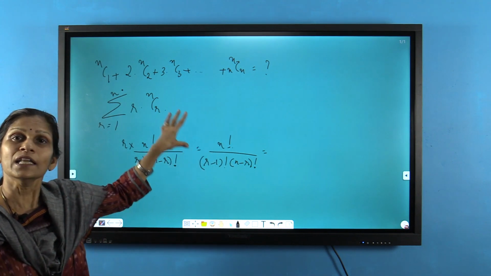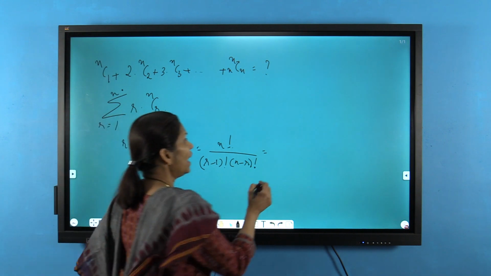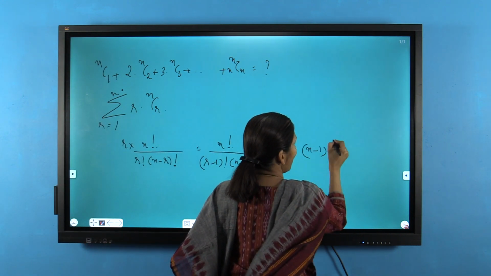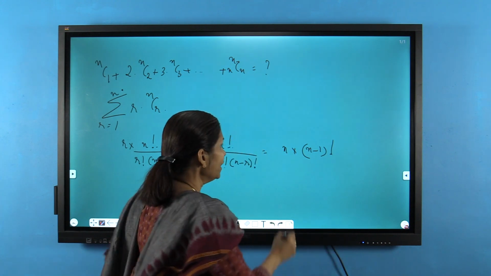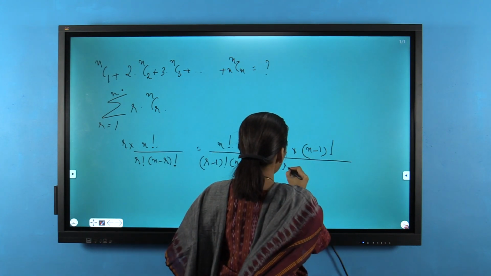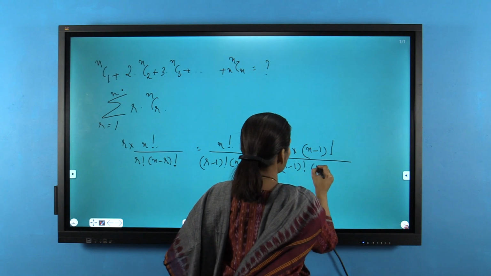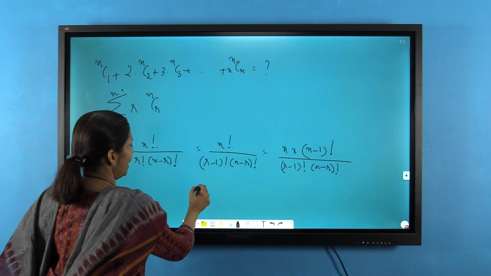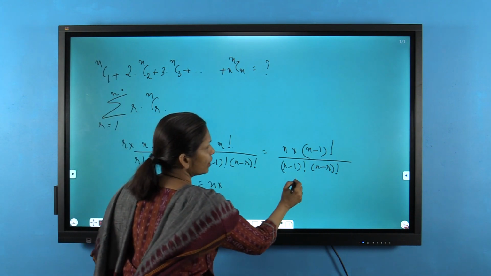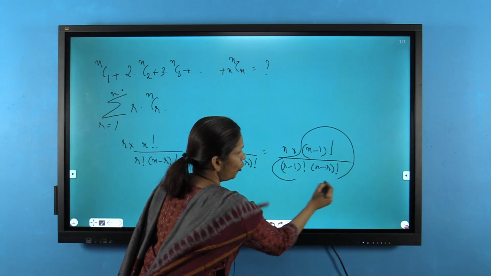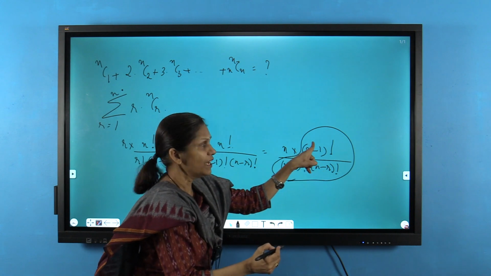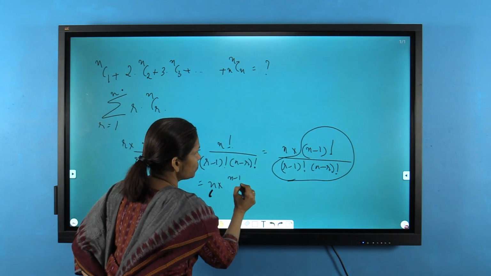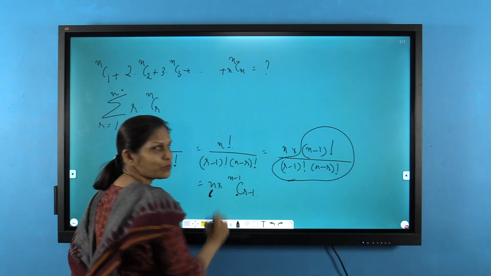So, what I do is this n factorial I will rewrite as n into n minus 1 factorial divided by r minus 1 factorial into n minus r factorial. So, this is n into, what is this? Now, you observe the sum of these two in the denominator is equal to n minus 1, so the entire term is equal to n minus 1 C r minus 1.